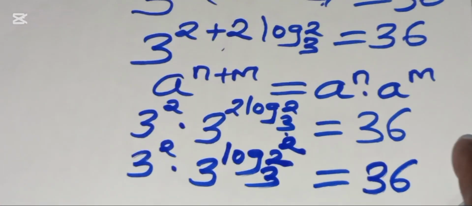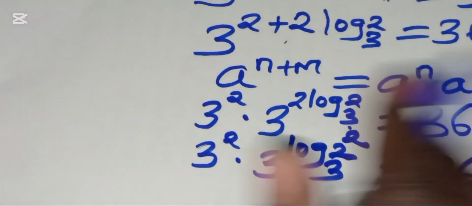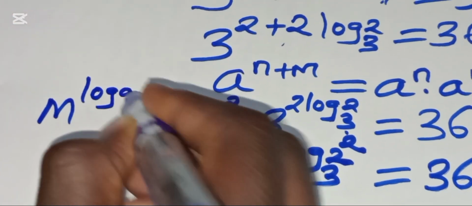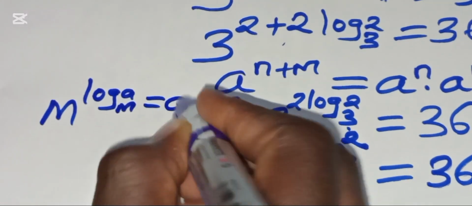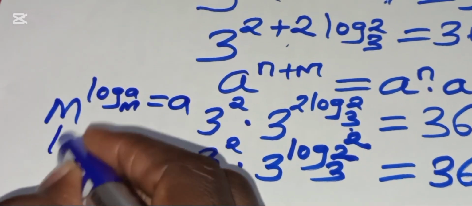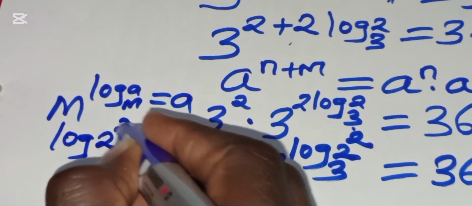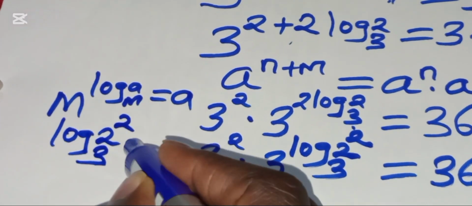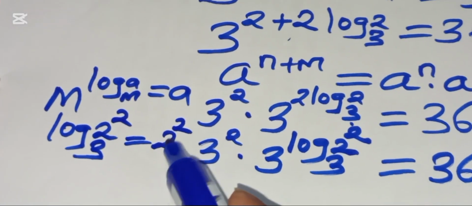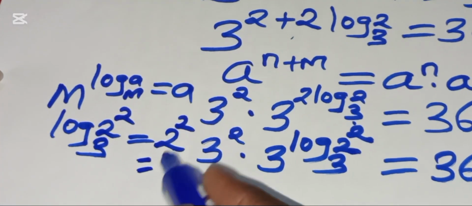Now from what we have here, applying the property that if you have m raised to the power log a to base m, this is essentially supposed to give us a value of a. So given log 2 raised to the power 2 to base 3, this is the same thing as 2 raised to the power 2, so we'll have a value of 2 squared, which is equal to 4.